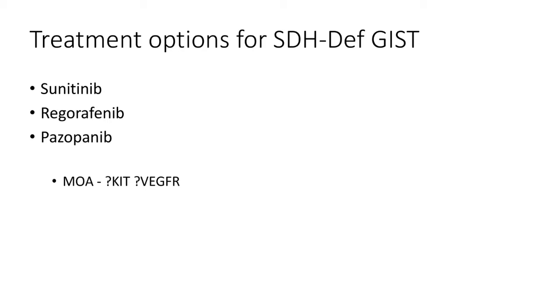Exactly why, we don't completely understand. They tend to hit not just KIT, which is the driver mutation in most adult GIST, but also a lot of the factors in the VEGF system, the angiogenesis system. And there's some data to suggest that might be an important system in SDH-deficient disease.